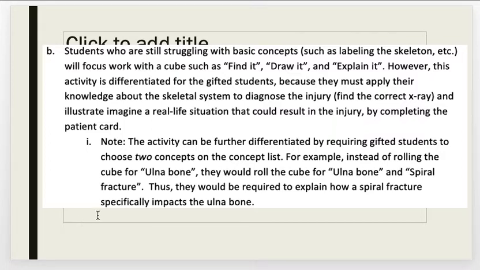I really appreciated this note. They actually had a third level for differentiation where students were specifically thinking about one bone and one type of injury and what that would look like together. So there's a lot of differentiation going on. Again, it would be a great improvement if the student had actually described how they determined their 3 groups.